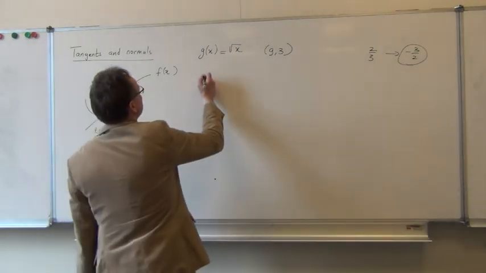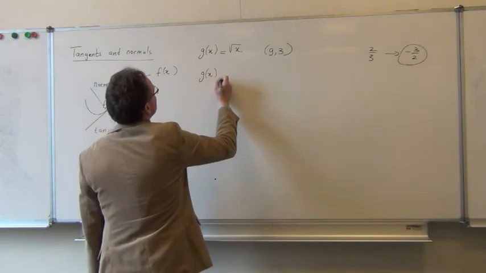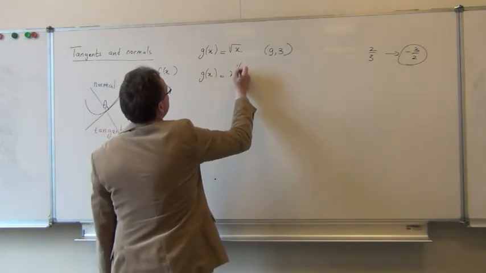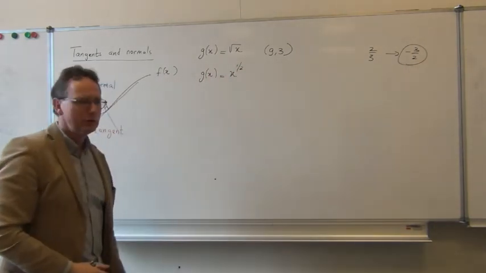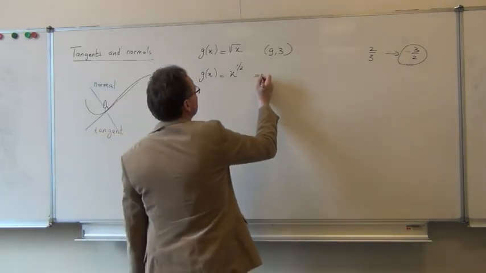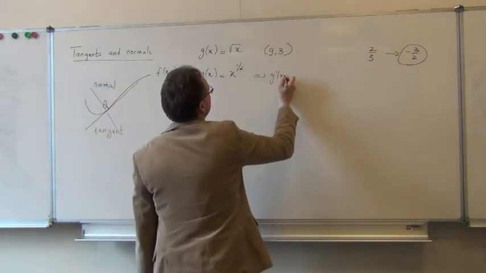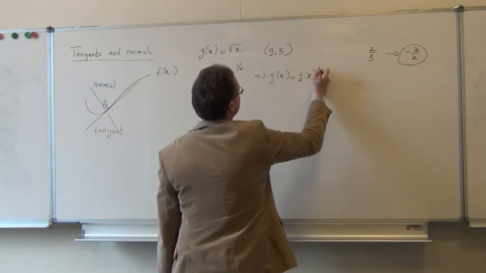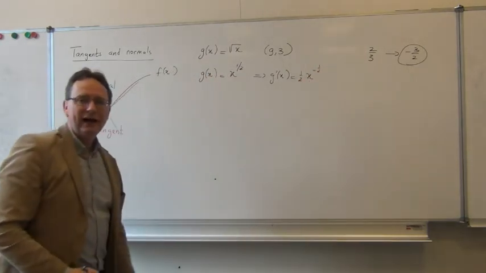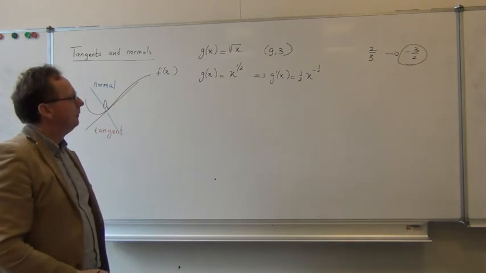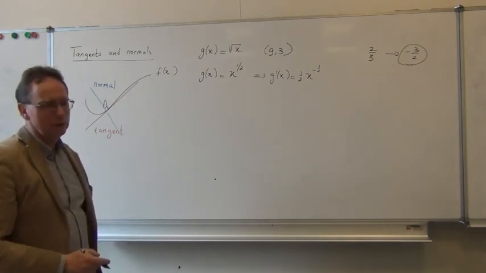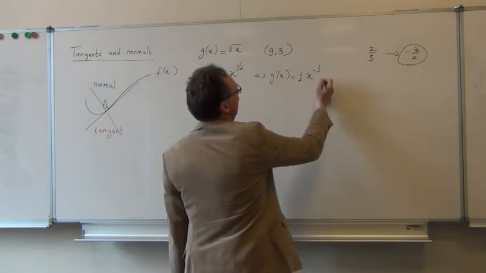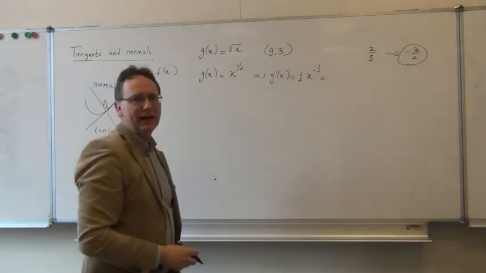So let's calculate the derivative. Since root x can be written as x to the power half, we can apply the power rule. So therefore the derivative is half x to the power minus half. And it's very common to rewrite that a little bit, so we don't have the fraction in the exponent anymore.